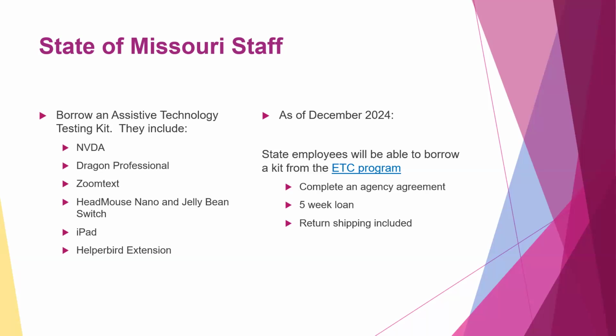We're including ZoomText, a magnifying software. Then the devices would be a HeadMouse Nano that is paired with a Jelly Bean switch. The switch activates it, but the actual head mouse is what controls the on-screen cursor. We'll also include an iPad so that testing can be done on that size of screen with VoiceOver. And the last one is Helperbird.